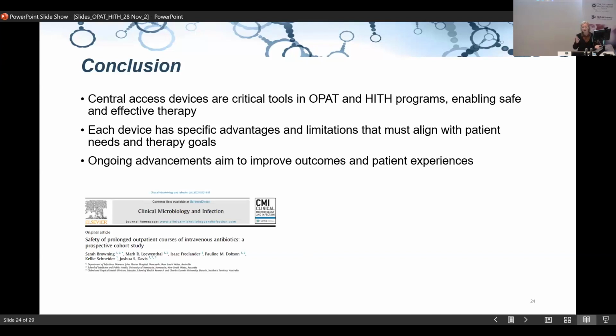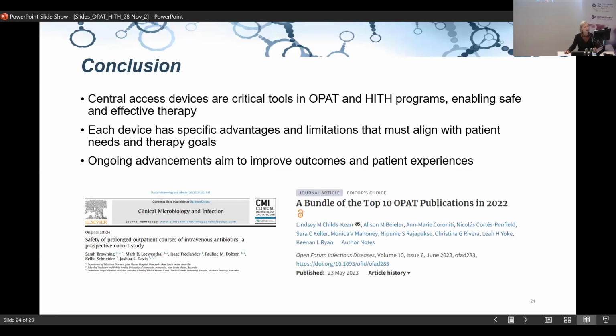So there's always that balance, and if we don't need to be doing it, then these are still at a significant risk to the patients having these devices. So if we can get people to oral as soon as possible, then all the better. And that article there by Sarah Browning talks about that in that study.